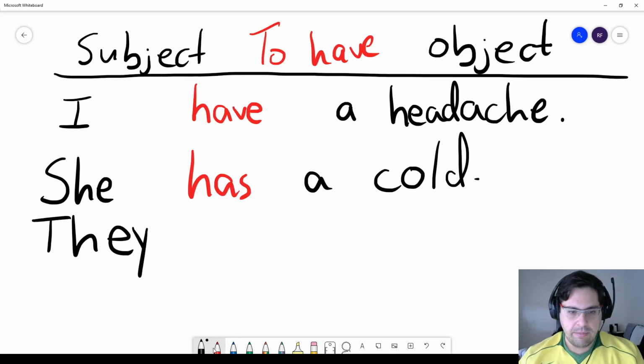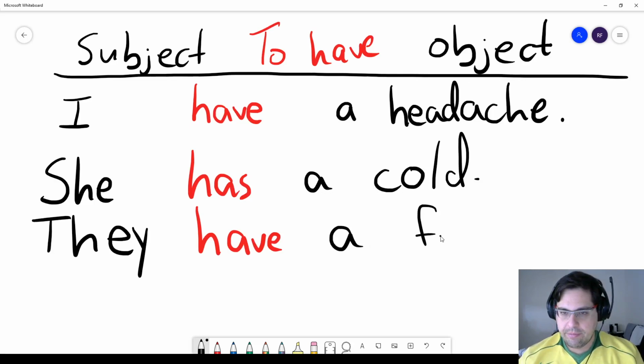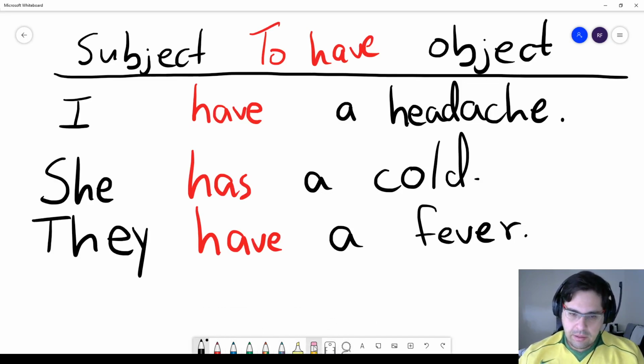They have, let's see, they have a fever. When your kids all get sick, they all have fevers. So they have a fever. All right.